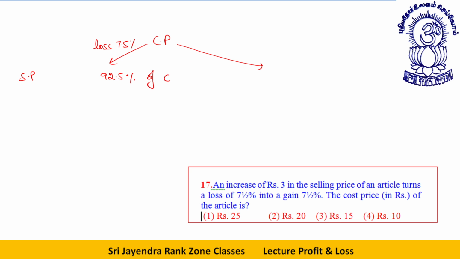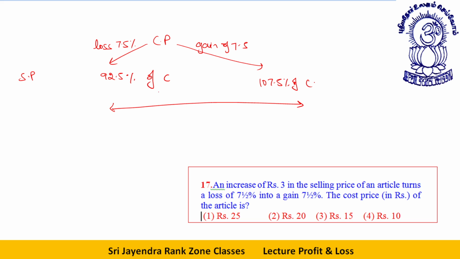And when there is a gain of 7.5%, the thing is sold at 107.5% of C. C means cost price.